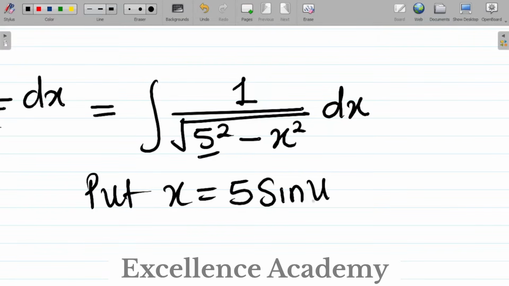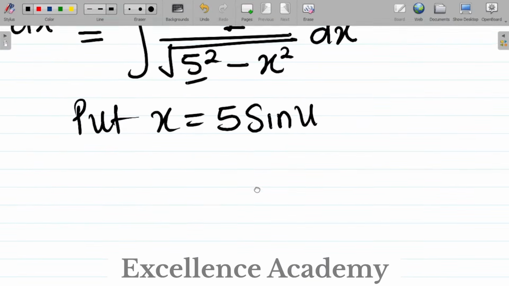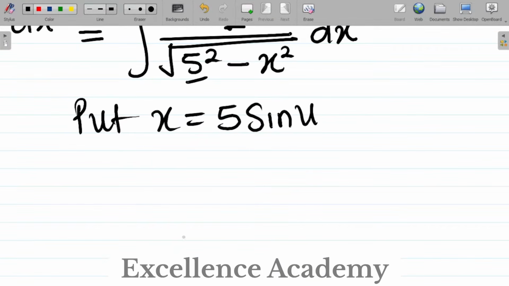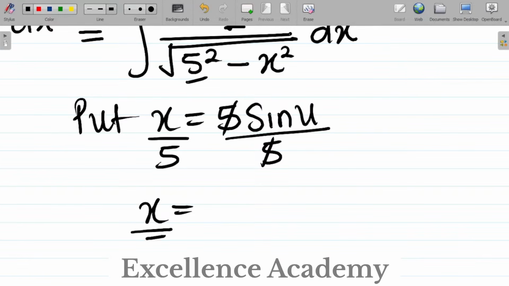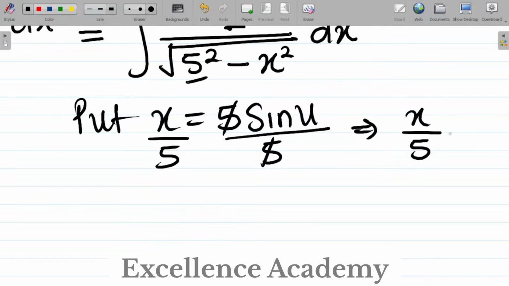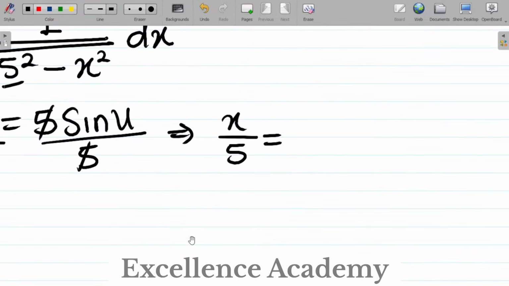Okay, so what's the next thing you do here? From here, let's make u the subject of the formula. To do that, all we have to do is divide both sides by 5. This cancels this, so you have that x all over 5 is equal to sine u.